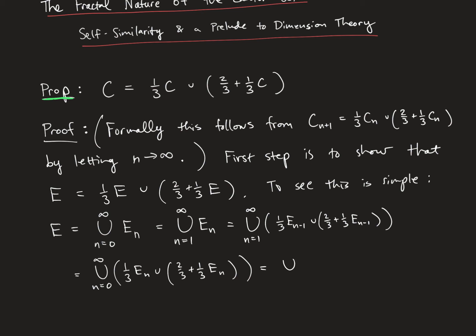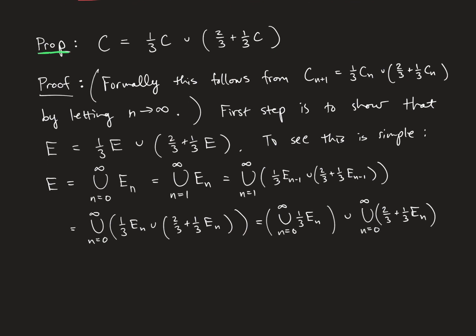So this is going to be the union, n equals 0 to infinity, of the 1/3 E_n, union the union of the 2/3 plus 1/3 E_n. And that's easily seen to be just 1/3 times the E_n, and so you can basically pull those arithmetic operations out. That's just simple.